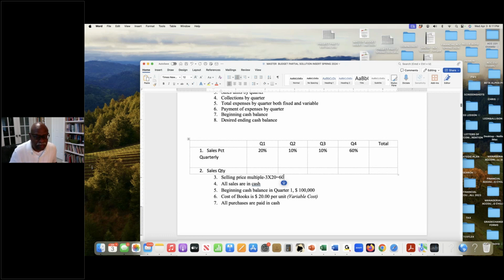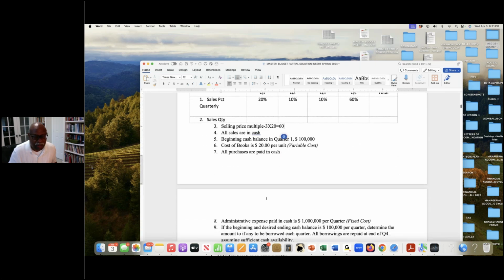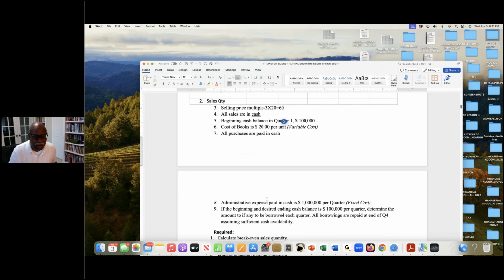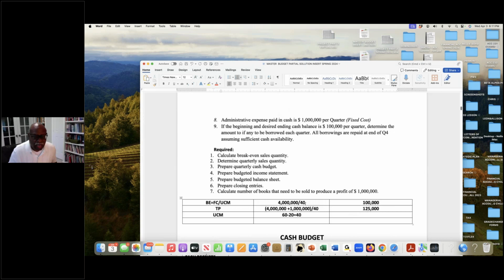The selling price of 60 and the cost of the books of 20, that difference becomes our contribution. That is 40, how much each book contributes to covering the fixed cost and making a profit.